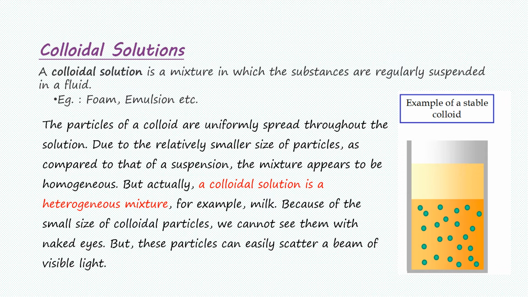Since the size of particles is very small, we cannot see the colloidal particles with our naked eye. But though they are small, they still scatter a beam of visible light.